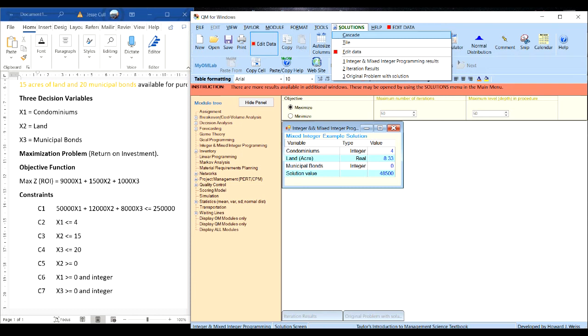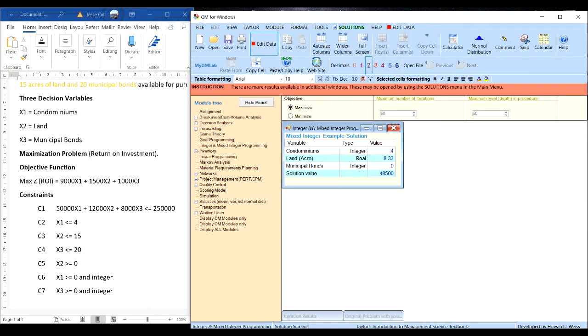This is a mixed integer example. Hopefully everyone's followed along, and we'll come back momentarily by running through this very quickly in Microsoft Excel to show you it's possible there as well. Thank you everyone for watching. We'll see you in 1 minute.